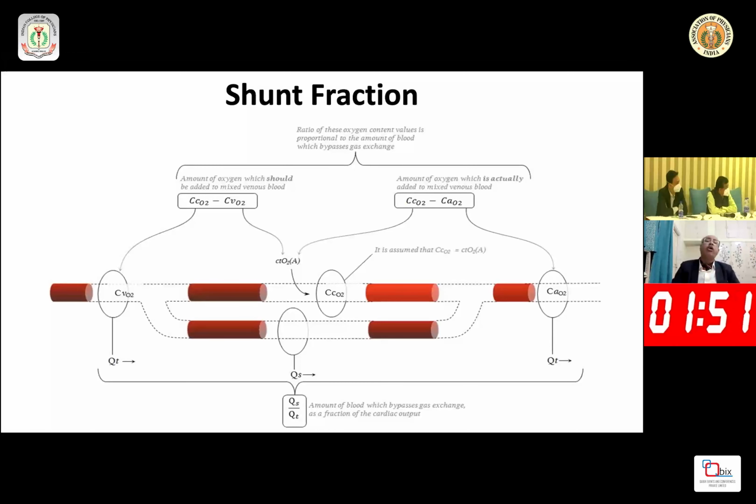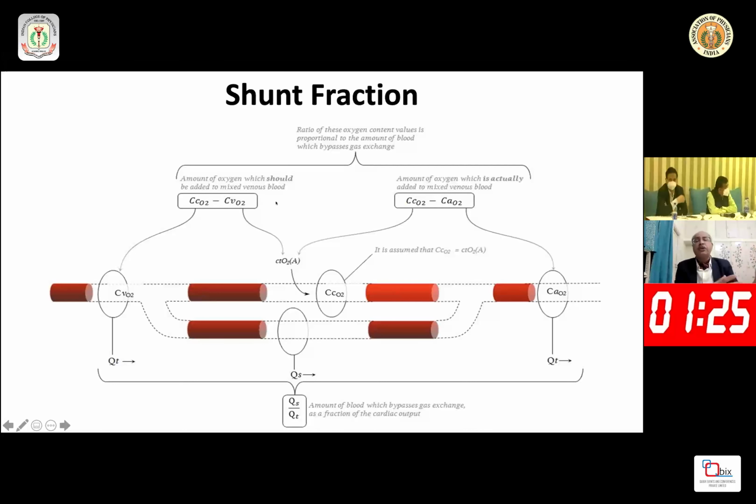Another thing we all talk about in physiology is the shunt fraction calculation. For this, we used a fixed principle, but nevertheless, for calculation of shunt fraction, quite often we need to do an invasive technique. Here, Cc'O2 is the post-capillary oxygen content, because this is post-oxygenation.